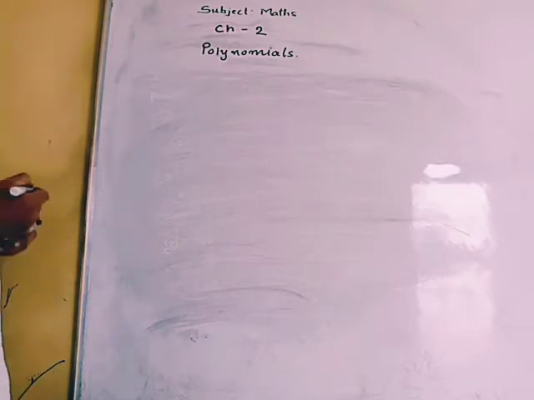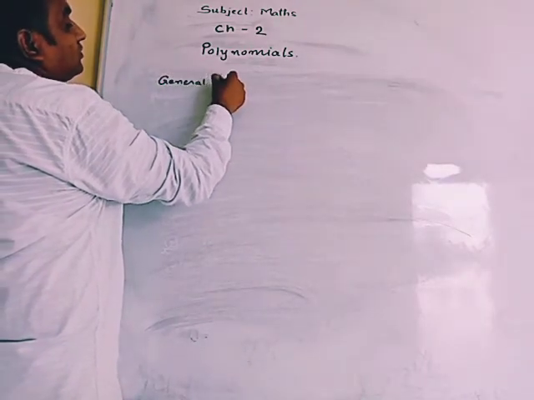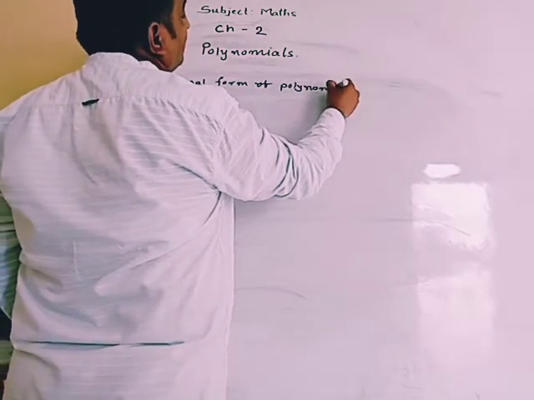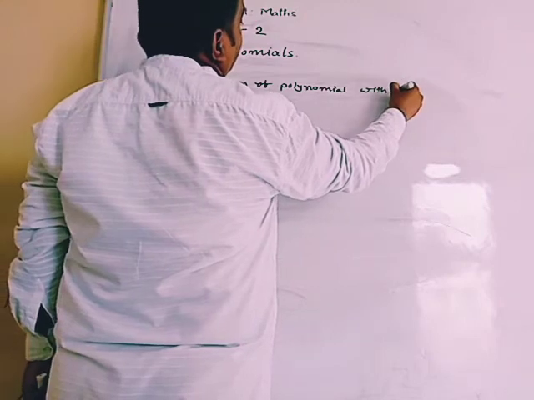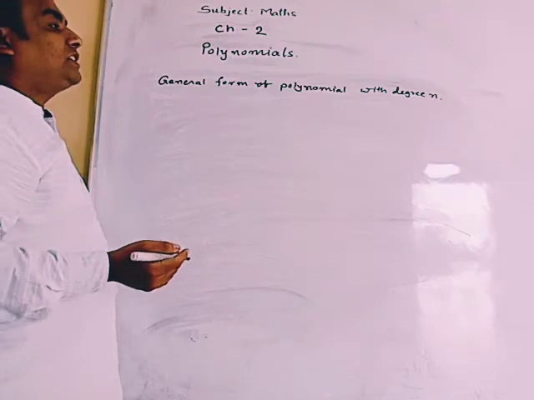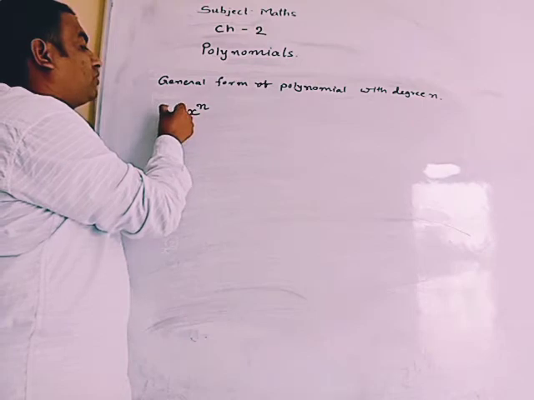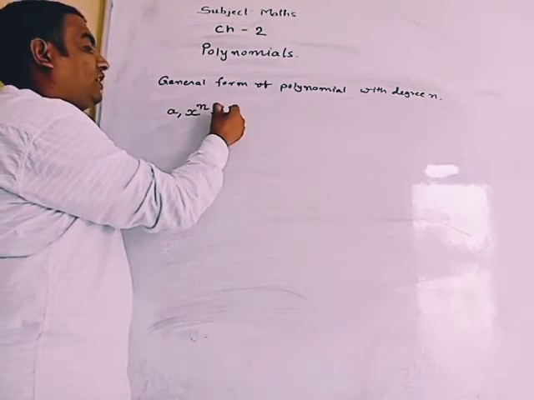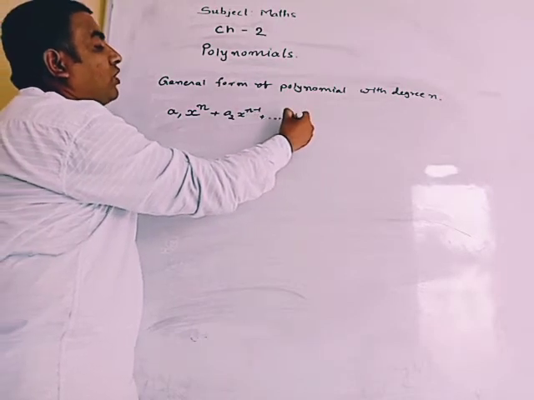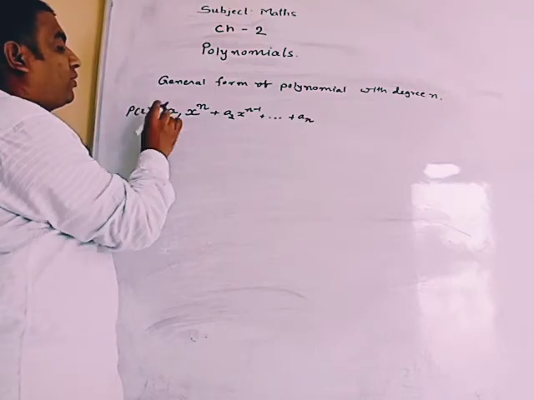And now we can write the general form of a polynomial with degree n. Degree n means the highest power is n, so x raised to n, and the constants we don't know, so we take a1 x raised to n, a2 x raised to n minus 1, plus and so on up to an, which is known as the general form of a polynomial.